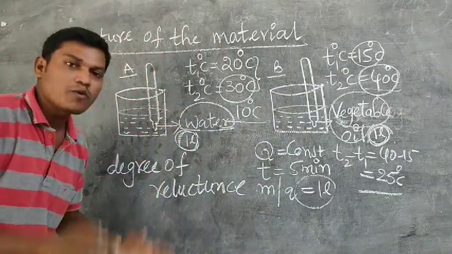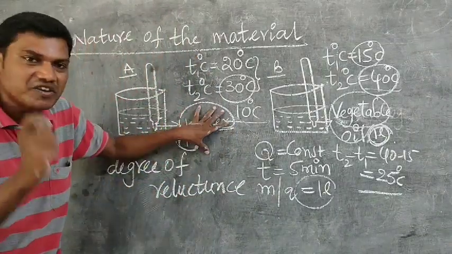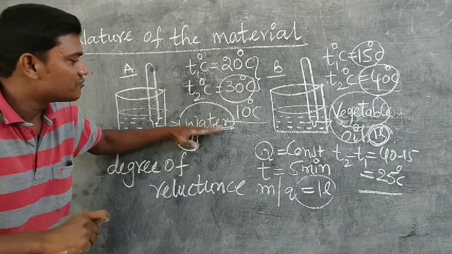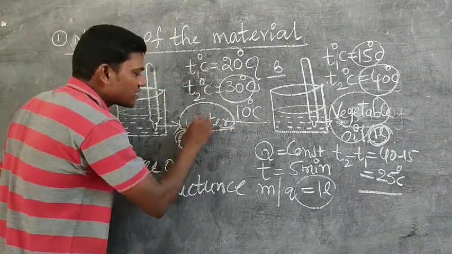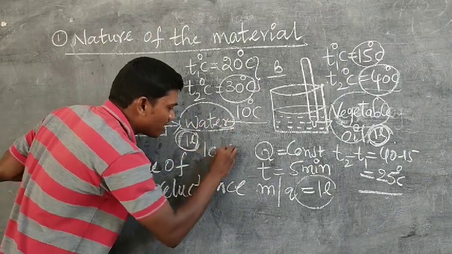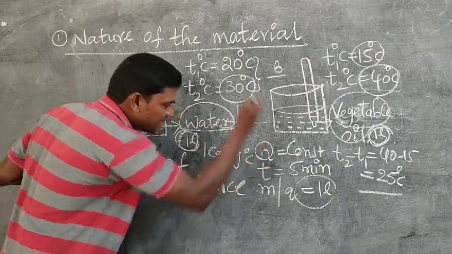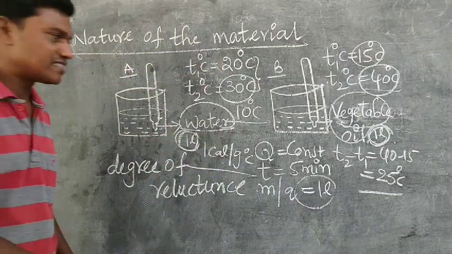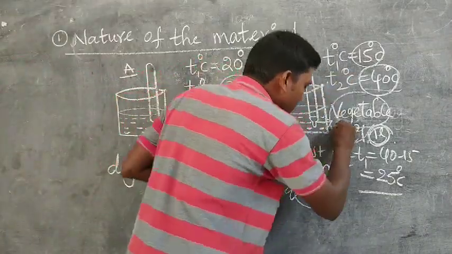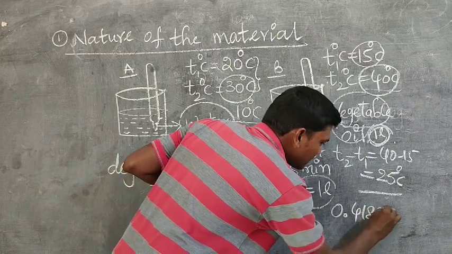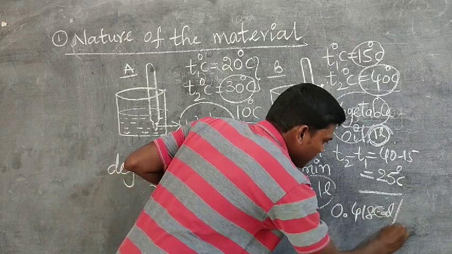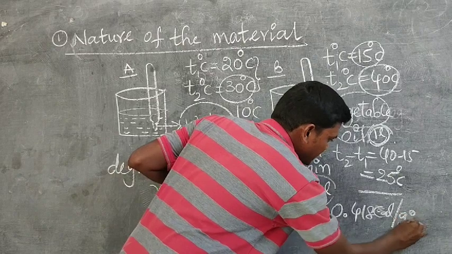And in nature we know that the specific heat capacity of water is very high compared to others. Among these two, the specific heat of water is 1 calorie per gram degree Celsius in CGS system, and the specific heat of the oil is 0.418 calorie per gram degree Celsius.